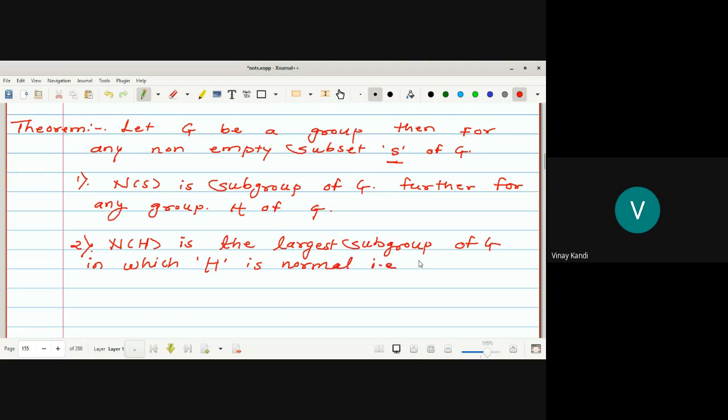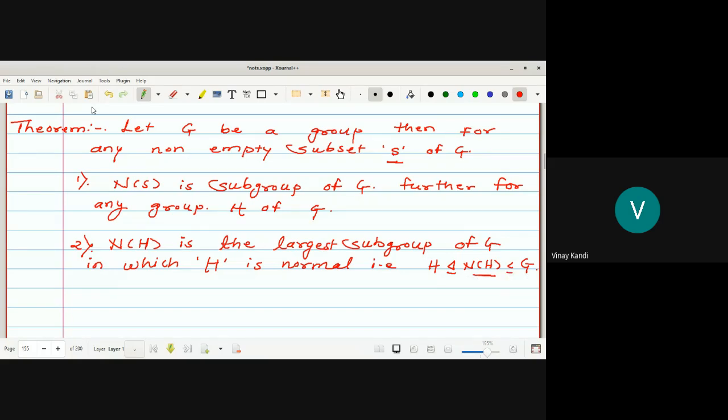That is, H is a normal subgroup of N of H. It is a subgroup of G. This N of H is a subgroup that is the largest subgroup in which H is normal. No subgroup larger than N of H exists in which H is normal. So here N of H is the largest subgroup of G in which H is normal. That is, H is normal in N of H, which is a subgroup of G.